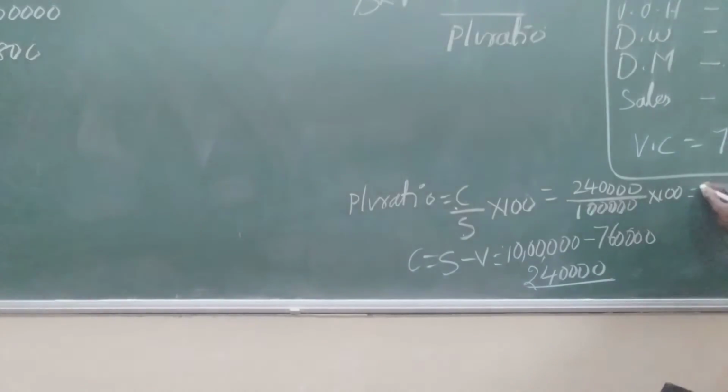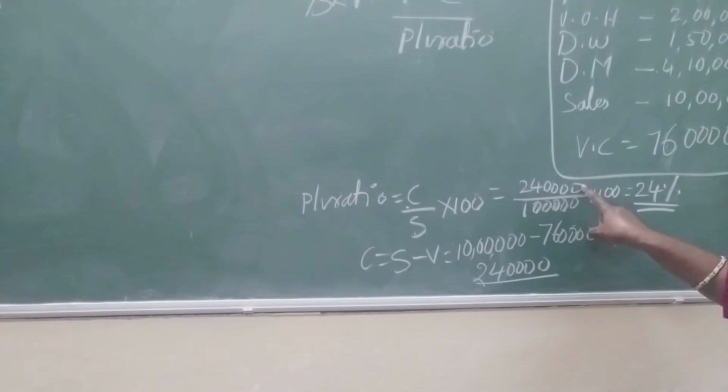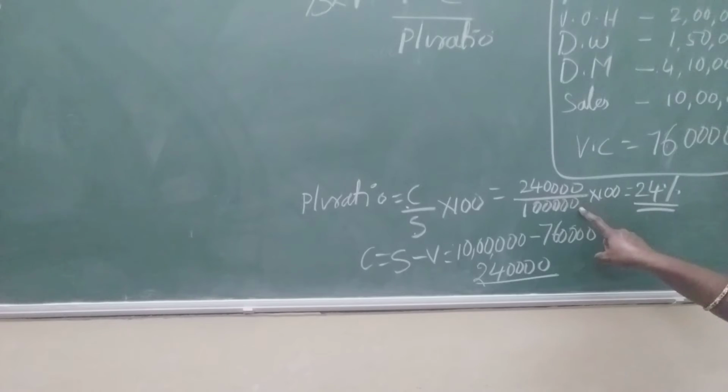You are getting 24%. Clear? 2,40,000 divided by 10 lakhs into 100, you are getting 24%.